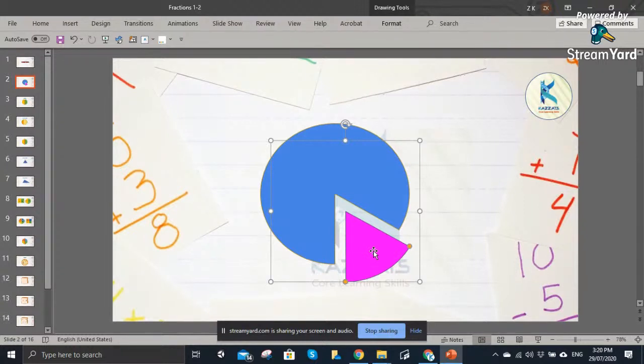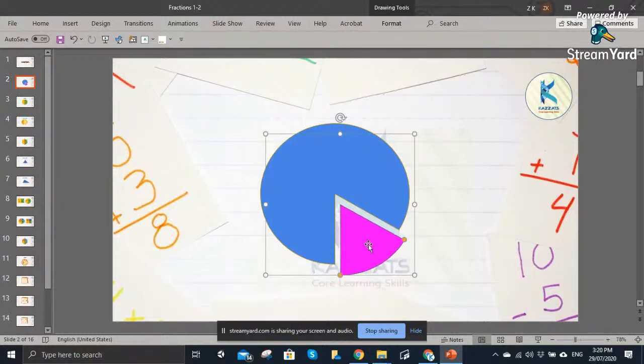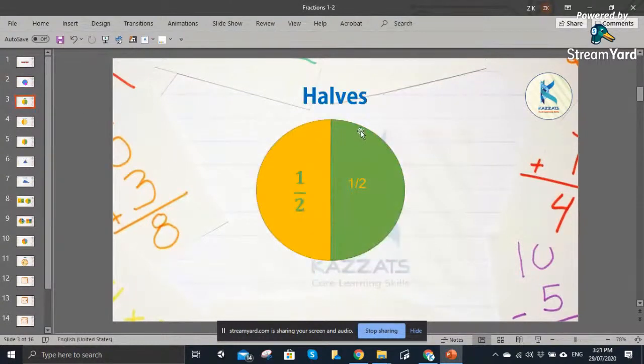But the definition does not end over here. The normal mistake that young teachers make is that they just define that a part is a fraction, but they don't tell the students that if the parts are not equal, we cannot identify the fractions. For example, this shape is divided into two equal parts, one part and second part. If you see, both the parts are equal.